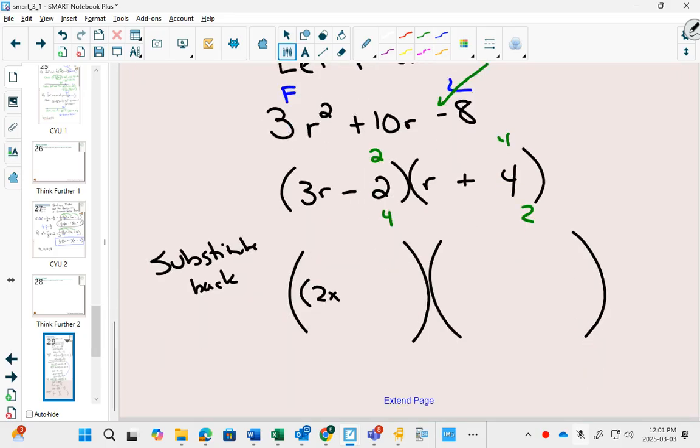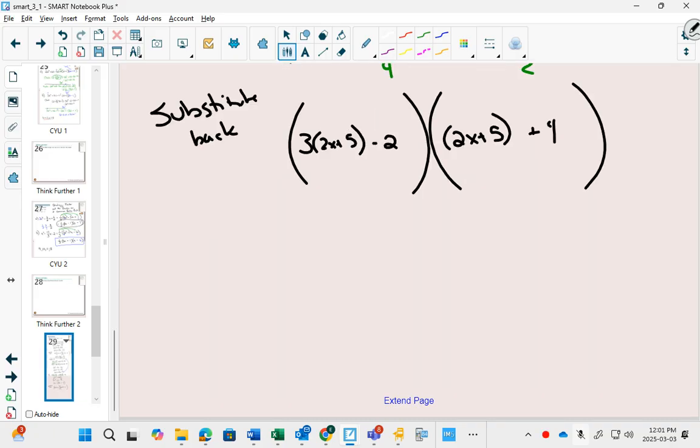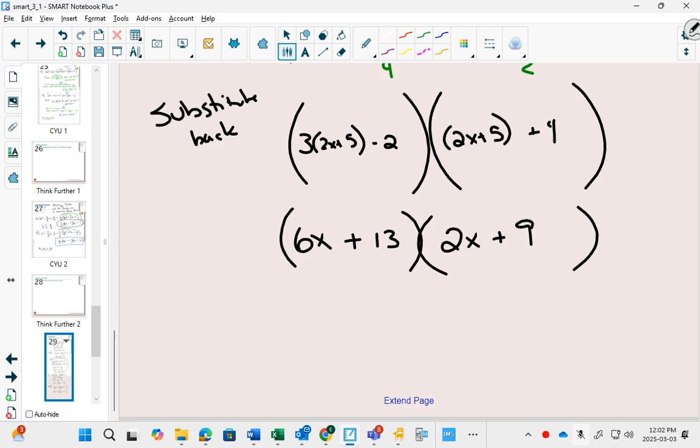So I substitute: 3 times (2x + 5 - 2), and (2x + 5 + 4). If I simplify this, I'm going to get (6x + 15 - 2), which is 6x + 13, and here I'm going to get 2x + 9.